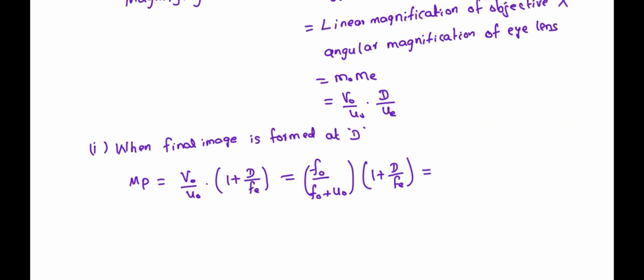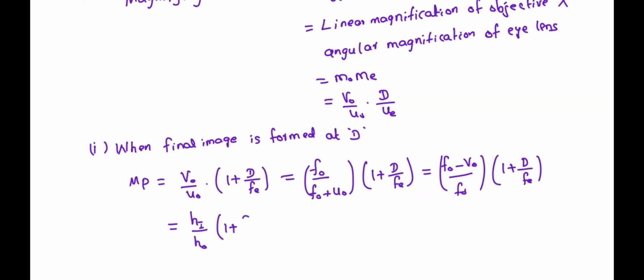In terms of v0, it is (f0 minus v0) divided by f0 into (1 plus D by fe). That can also be written as the height of the image divided by the height of the object into (1 plus D by fe).